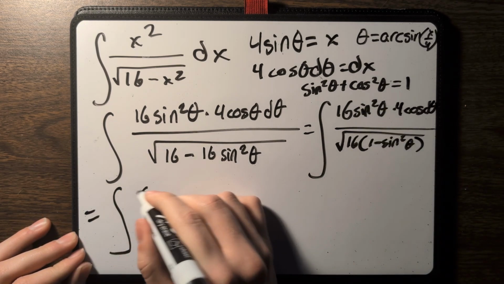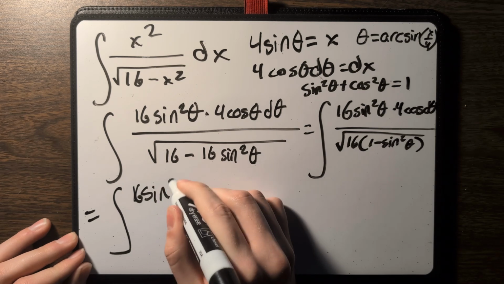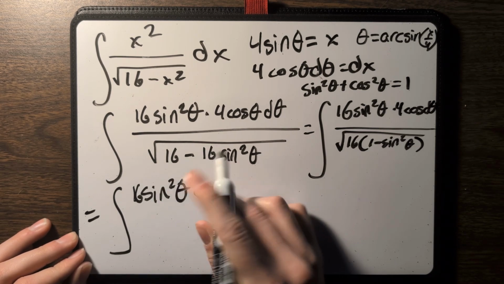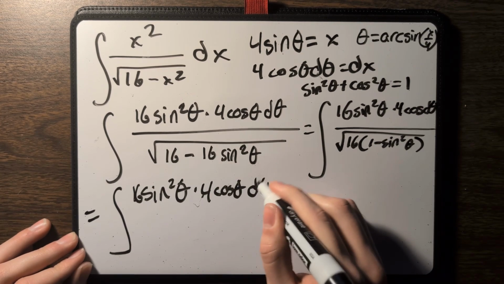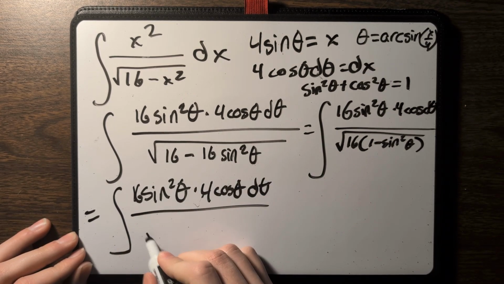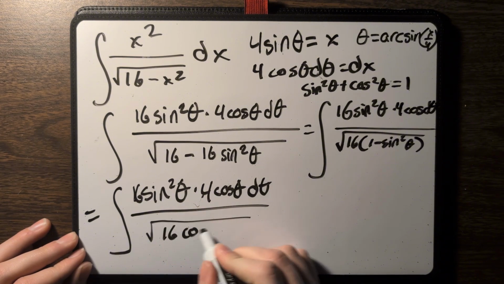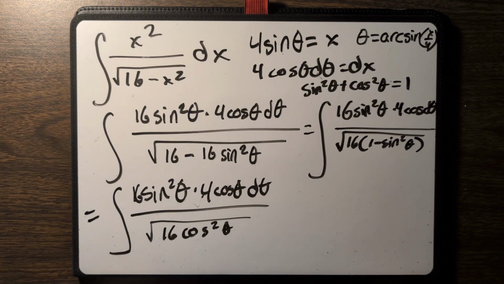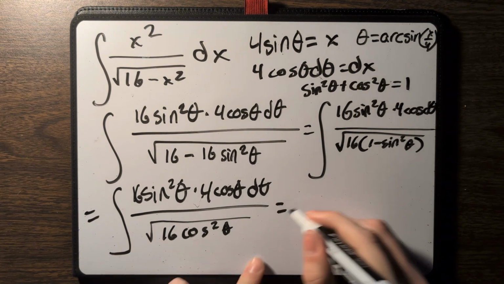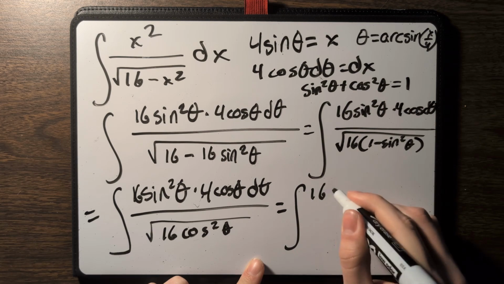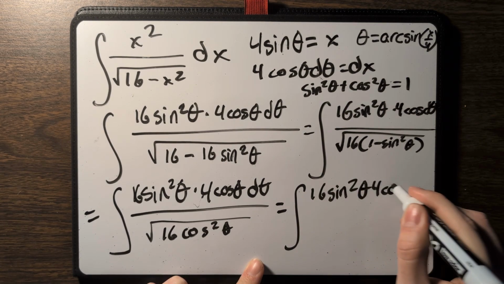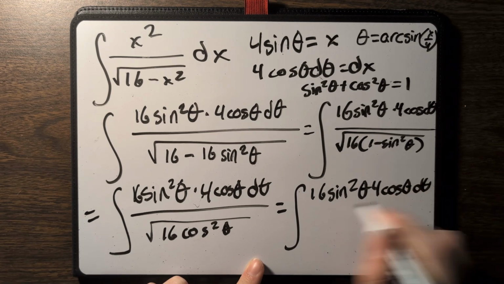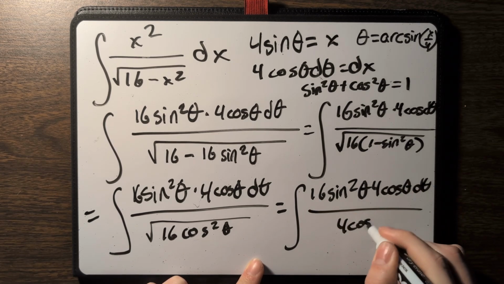Therefore, this equals 16 sine squared theta times 4 cosine theta d theta over 16 cosine squared theta. We can simplify this as 16 sine squared theta times 4 cosine theta d theta over 4 cosine theta.